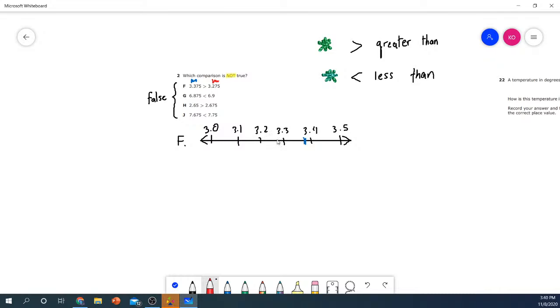It would be in between 3.2 and 3.3, right here. So from looking at our number line, we know that number lines go from least to greatest.